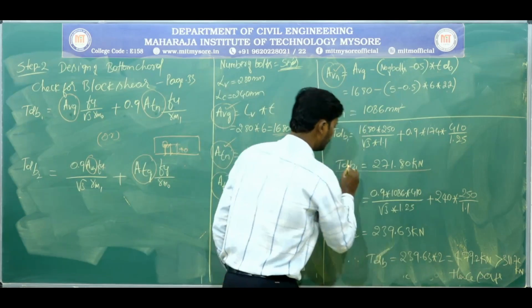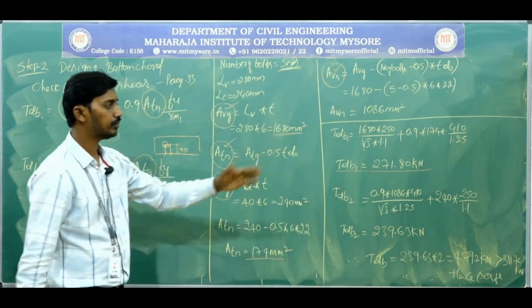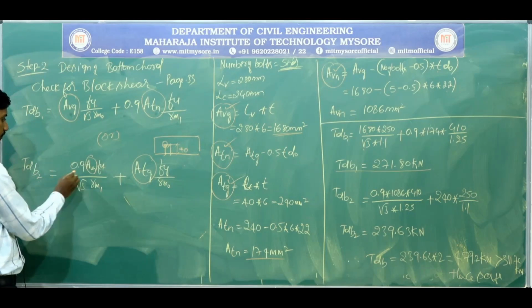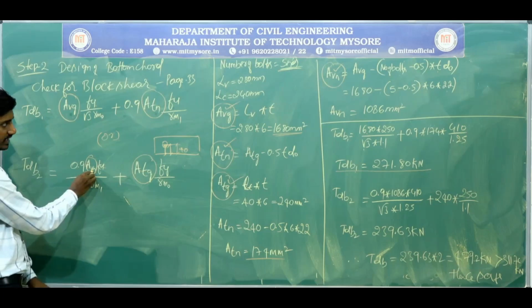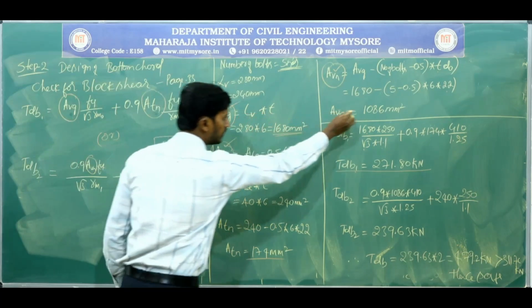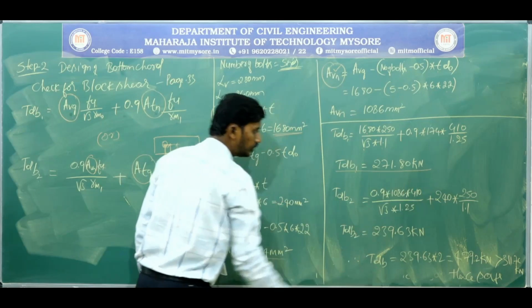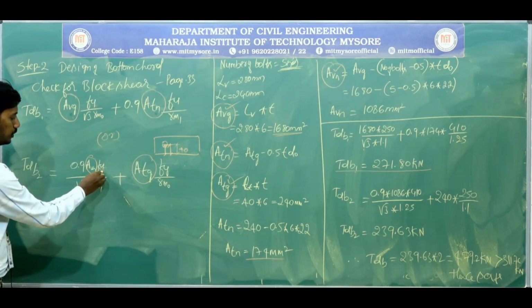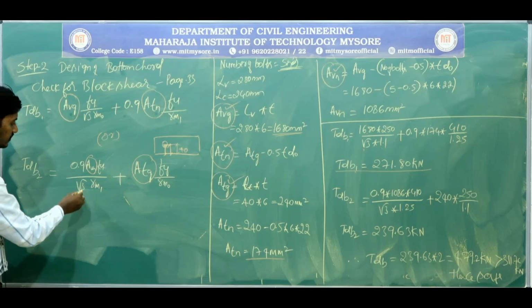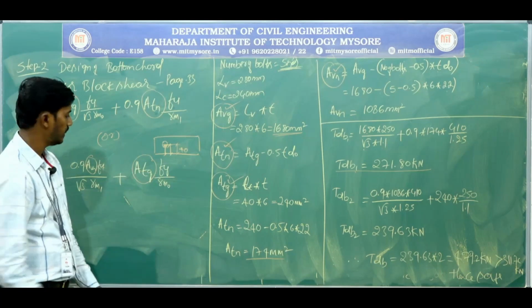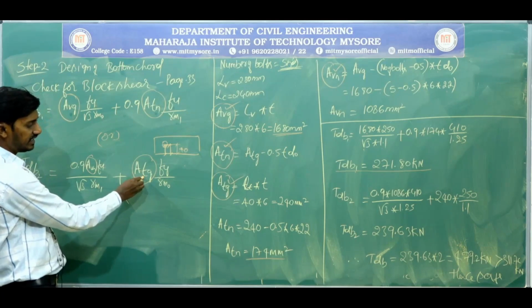With that we got TDB1 as 271.8 kilonewton. In the same way, the next step, TDB2: 0.9 AVN, AVN we calculated as 1086, into Fu, that is 410, divided by root 3 into gamma m1, which is 1.25, plus ATG.